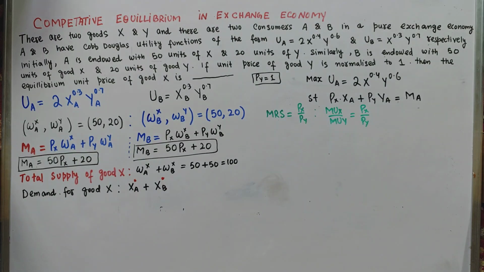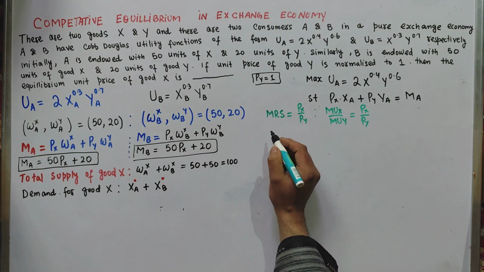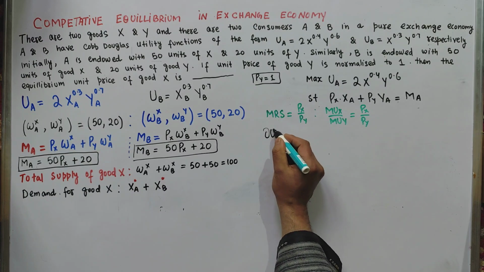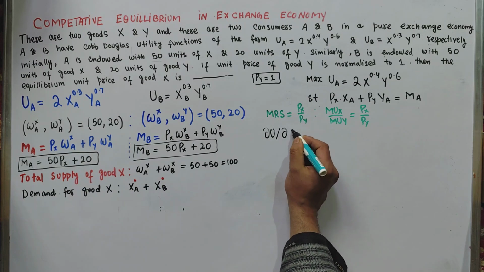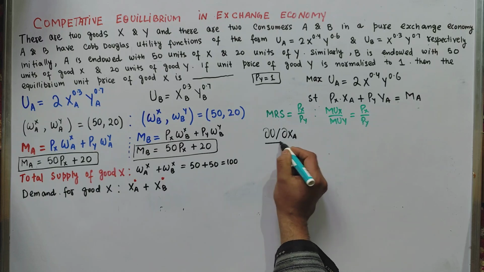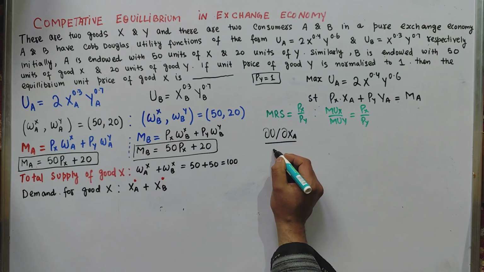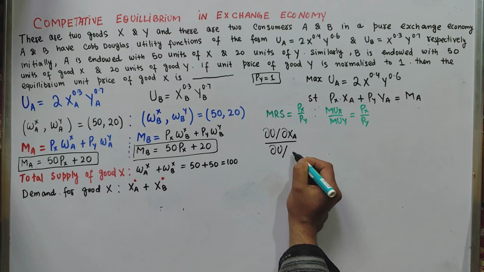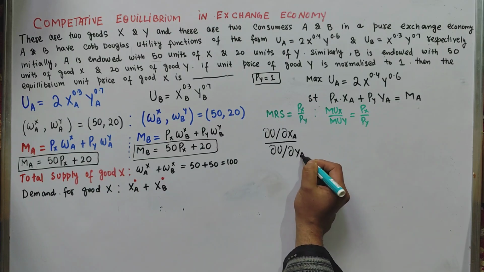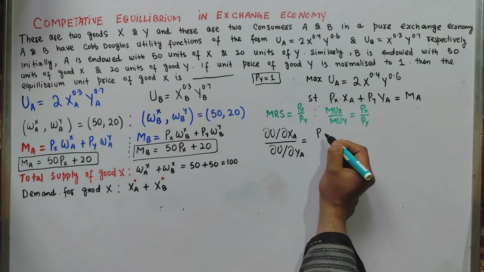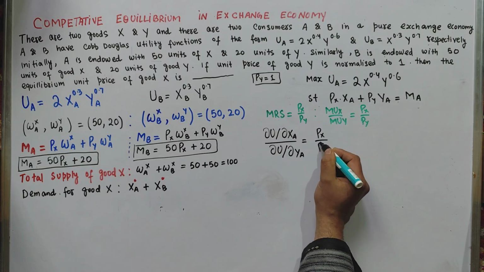Now to calculate the marginal utility of good x, that means the partial derivative of the utility function with respect to good x. And similarly marginal utility of good y means the partial derivative of the utility function with respect to good y, and it should be equal to the ratio of the prices, price of x upon price of y.